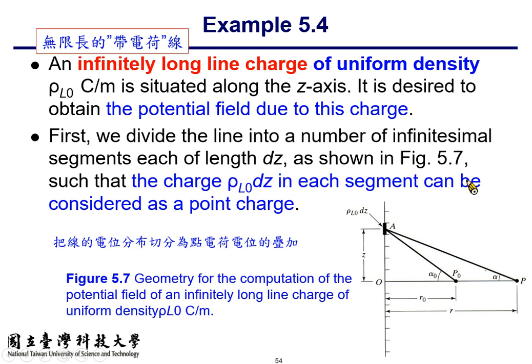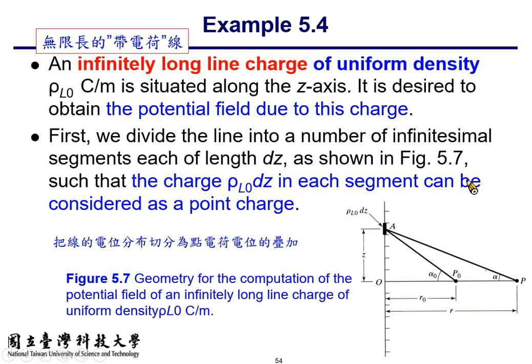So the vertical components cancel, while the horizontal components add up. So we divide the long line into infinite pairs of small charges, and we perform integration from 0 to infinity so that we can have the total electrical field intensity at this point. That's what we did when we didn't know about the existence of electrical potential.